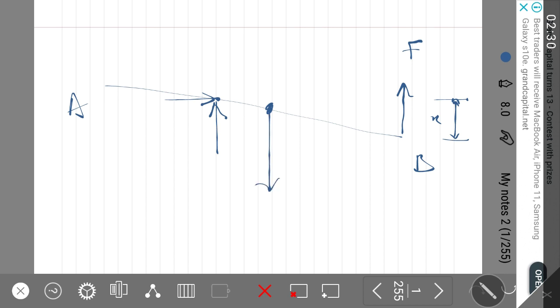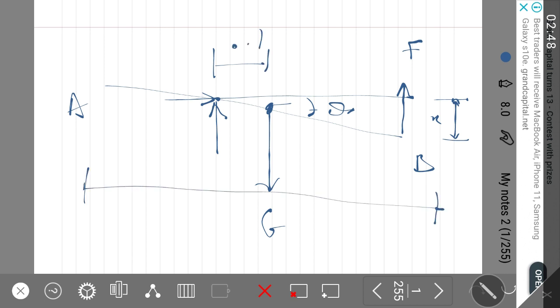At the center, the weight always acts, and that's the inclination angle theta. The distance from here to here is 0.1. The total length of the rod is 0.8. And the length from here to there is 0.5.